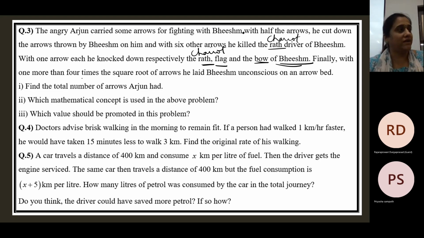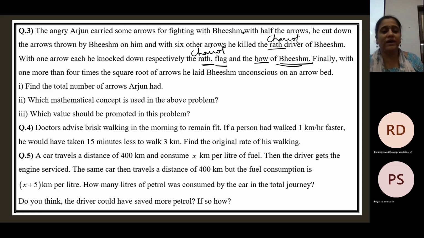Finally, with 1 more than 4 times the square root of the arrows, he laid Bhishma unconscious on an arrow bed. If you all know Mahabharata, you can understand what is described here. Find the total number of arrows Arjun had.